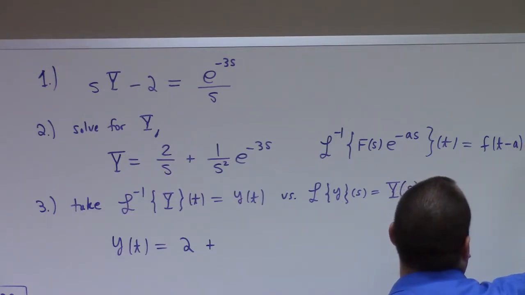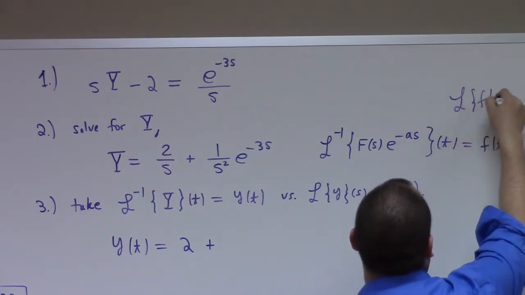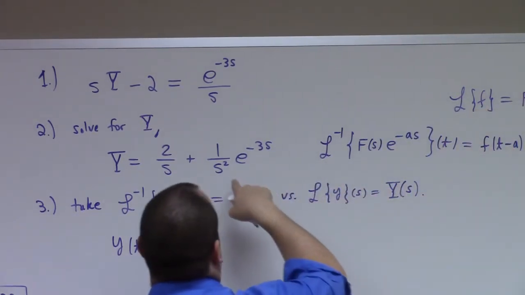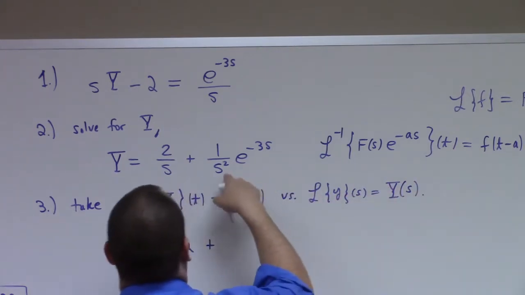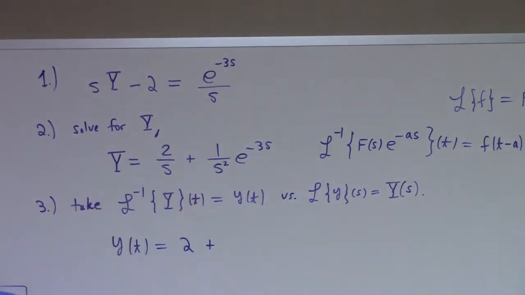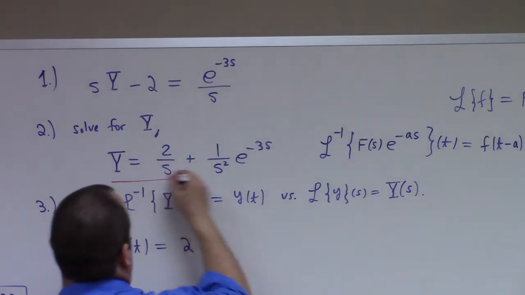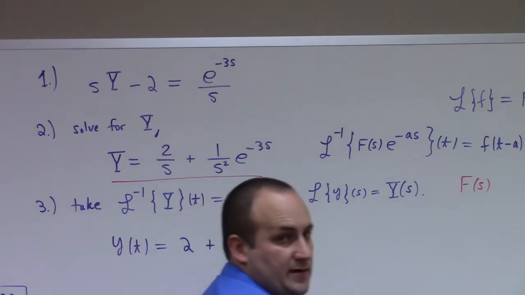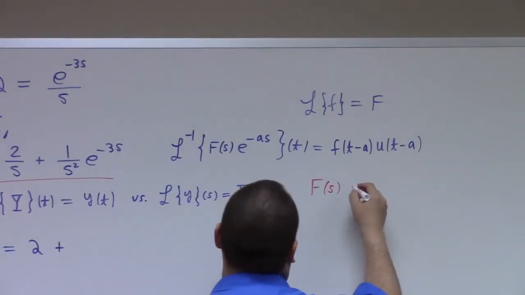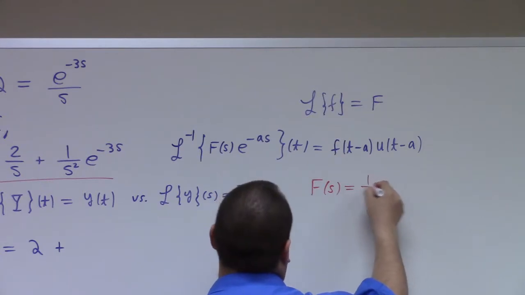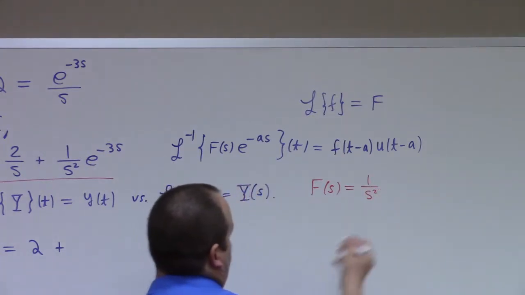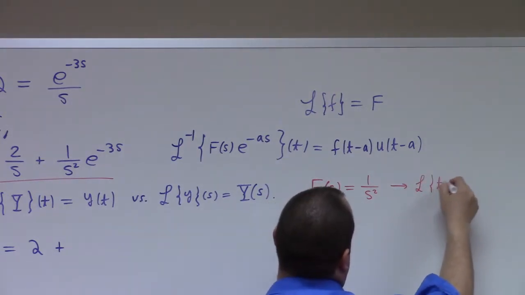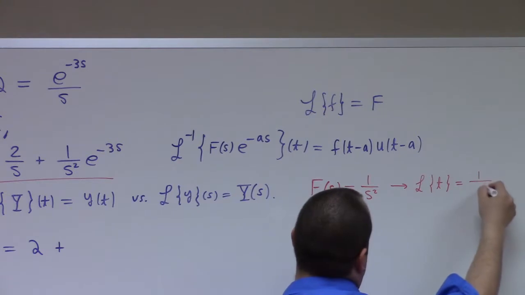So here, the Laplace transform of little f is equal to big F, if you're wondering about the relation between that and that. So for this problem, big F of s is 1 over s squared. And where that comes from is the Laplace transform of t, I believe, is 1 over s squared.